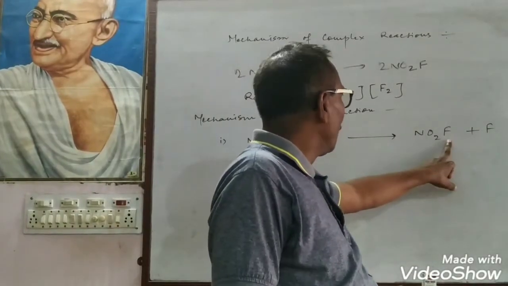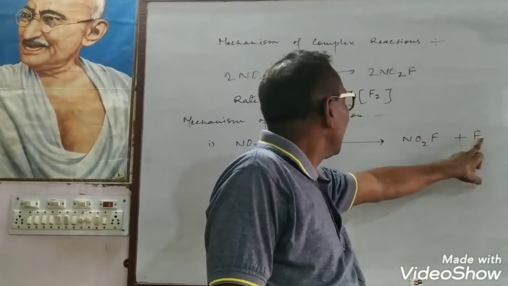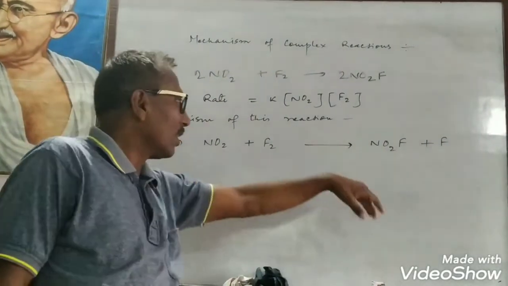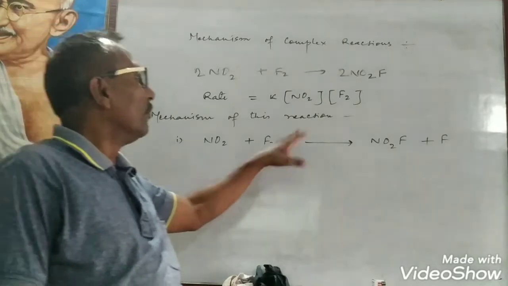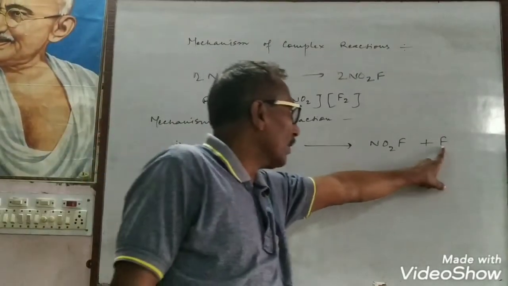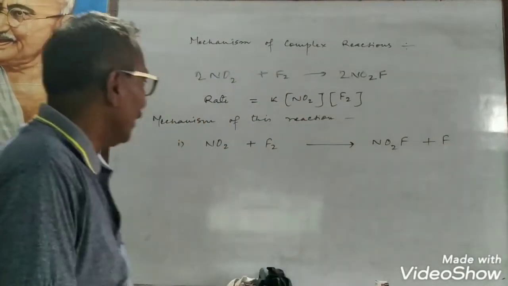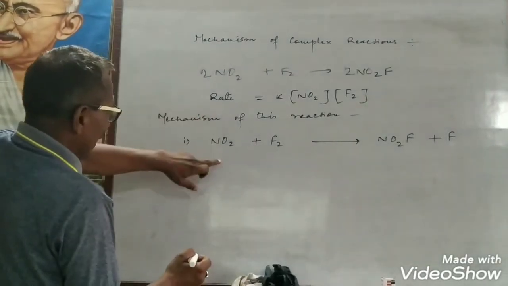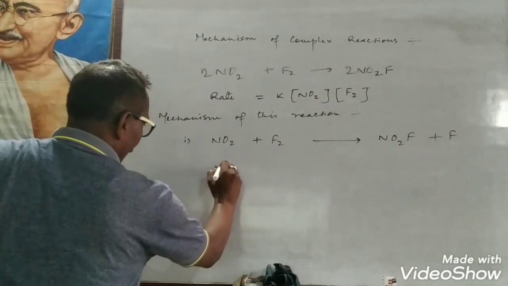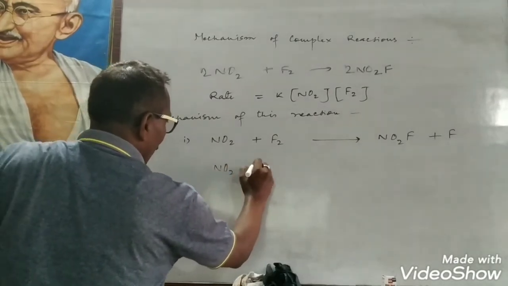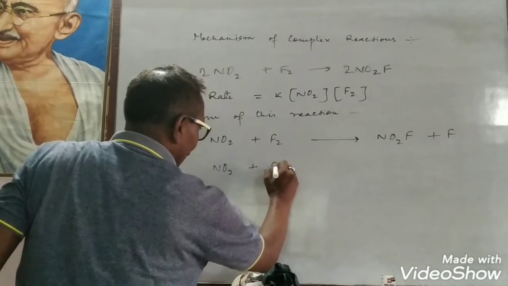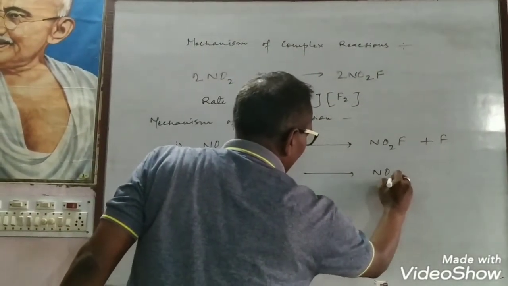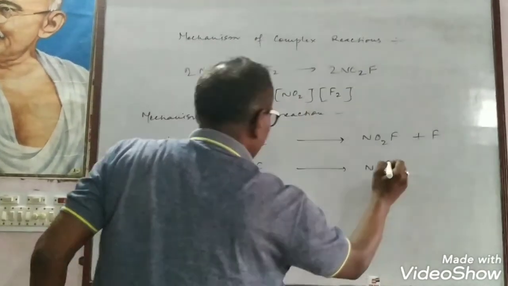That gives NO2F plus F is written here because for complete balance we must write F. So once again we can write NO2 plus the remaining F. This is NO2F.